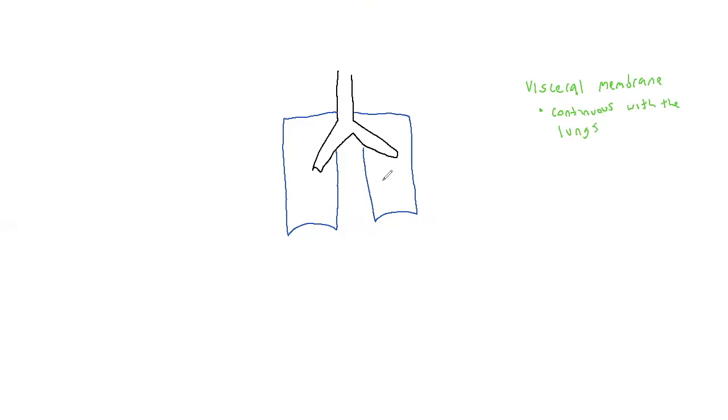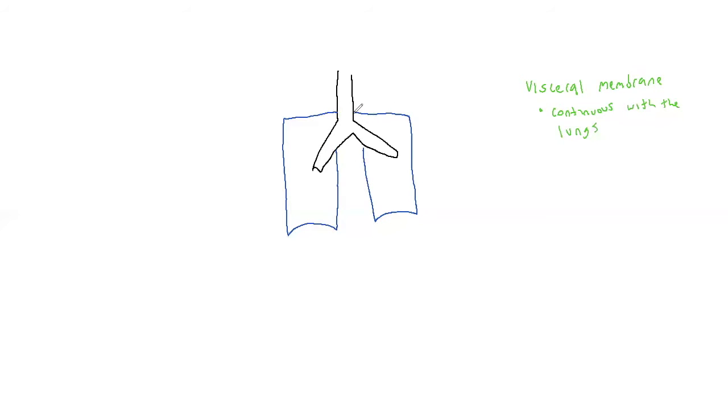Recall that the lungs are extremely stretchy, and the visceral layer is more or less the outer aspect of the lungs, if you want to consider it that way. If you were to take out somebody's lungs, you'd see that the very top layer is the pleural membrane.